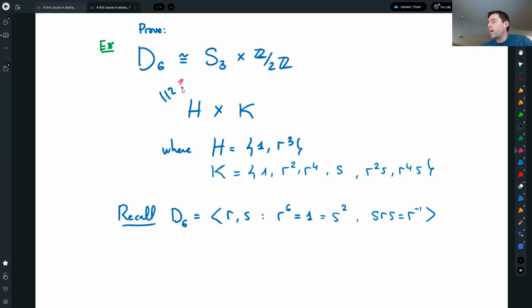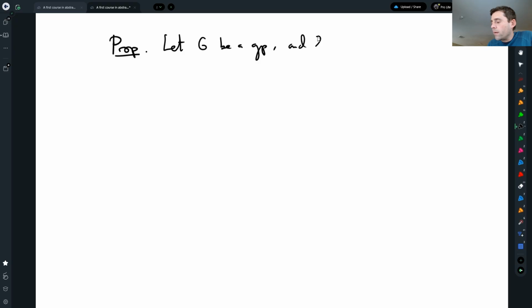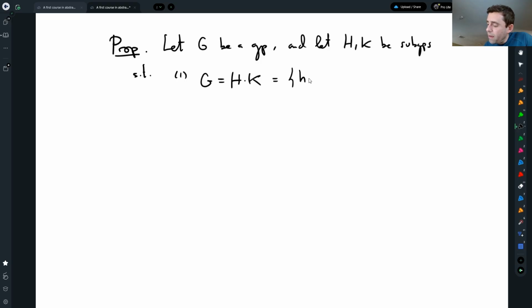So how do we identify if a group G is the internal direct product of two subgroups? So let's write a proposition. Let G be a group and let H and K be subgroups such that: one, G is HK, that is, the set of products hk for any h in H and any k in K, exactly in that order.